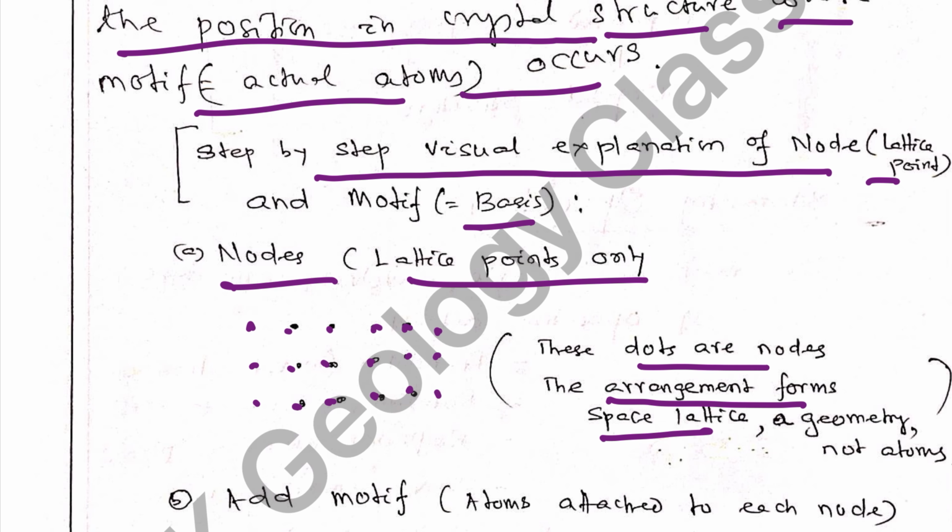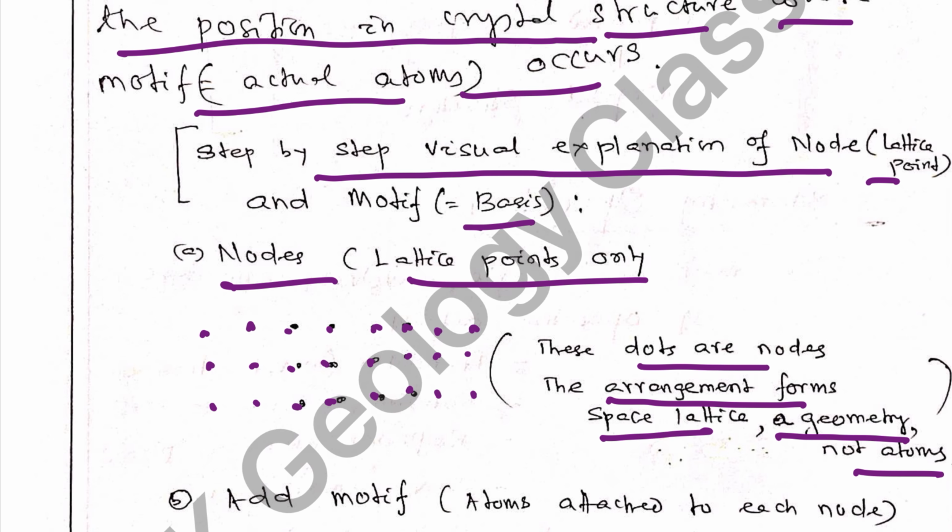Space lattice is nothing but a geometrical arrangement. It refers to the geometrical arrangement of the sites where the atoms are to be repeated, and this lattice does not represent the atoms.